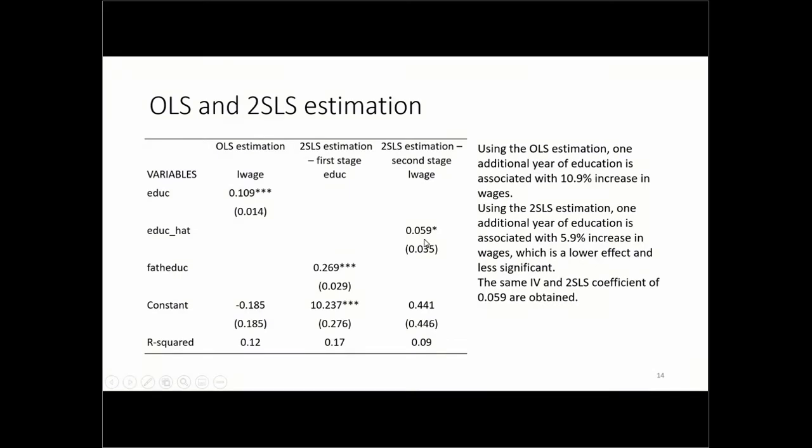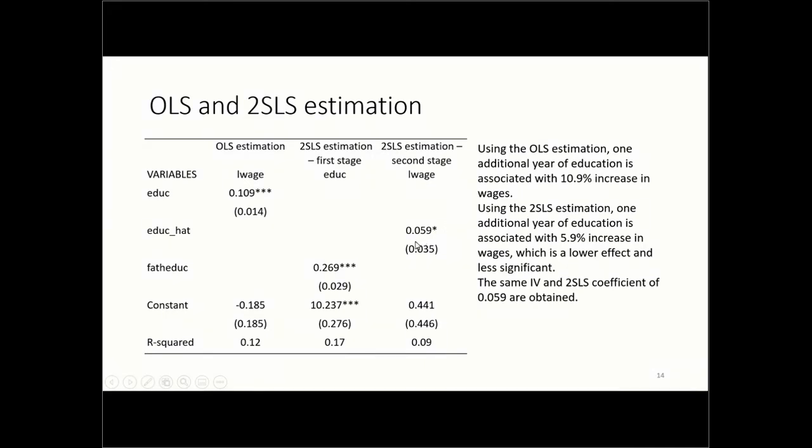So now notice that most statistical software would not call this education hat. They would actually call it education, but it would be corrected in this manner where we are using education hat basically. So even though this coefficient here may say that it's the coefficient on education, it's in fact the coefficient on education hat. And so this is the coefficient here.